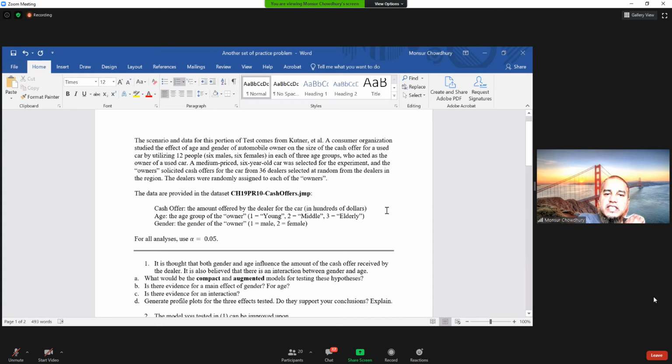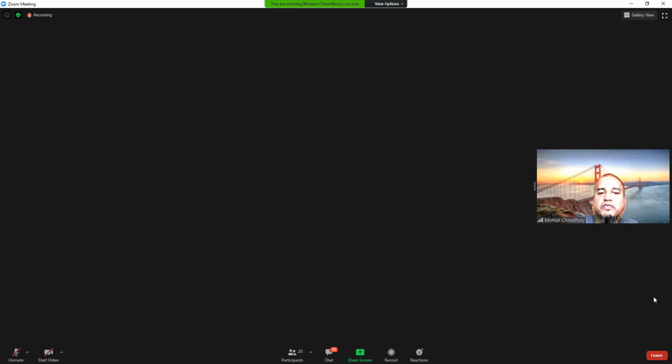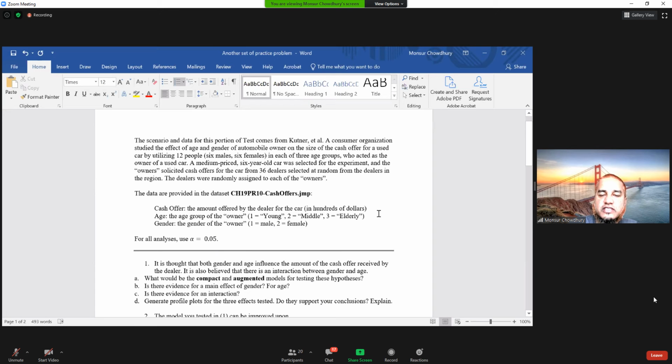A medium-priced 6-year-old car was selected for the experiment, and the owners solicited cash offers for the car from 36 dealers selected at random from the dealers in the regions, and the dealers were randomly assigned to each of the owners. The data are provided here: the cash offer is the amount offered by the dealer for the car in hundreds of dollars, the age group of the owner, and the gender of the owner.